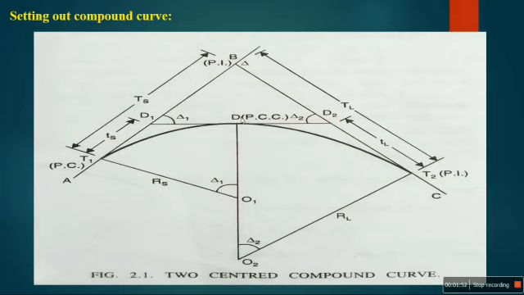After setup of the instrument here, you have to complete all the temporary adjustments, and the horizontal angle should be arranged to 360 degrees minus delta 1. For example, suppose delta 1 is 40 degrees, 360 minus 40 is 320. So we have to adjust the horizontal angle equal to 320 degrees.